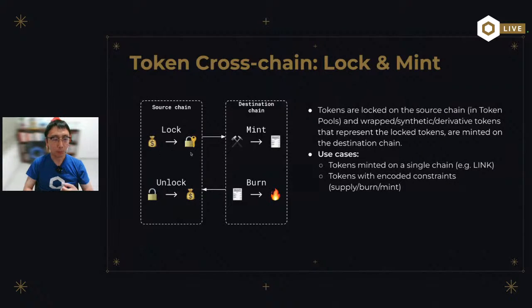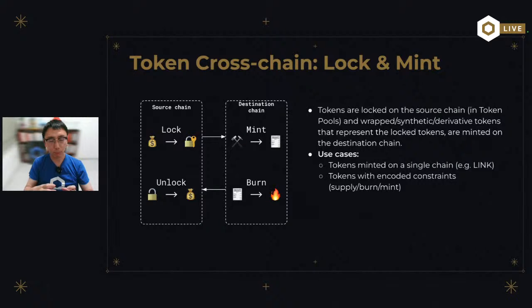If you want to cross your tokens from the source chain to the destination chain, what you do is lock your tokens on the source chain in the token pool and tell this message to CCIP. And CCIP will mint a token, usually a wrapped token, on the destination chain and drop this token to your address. The wrapped token means that this asset is not the original one.